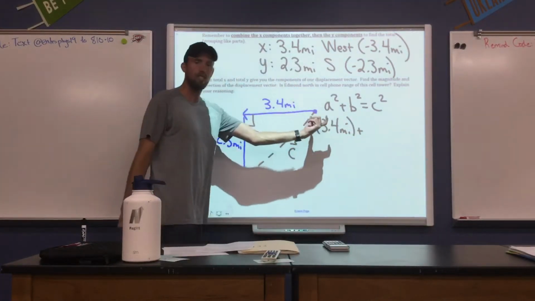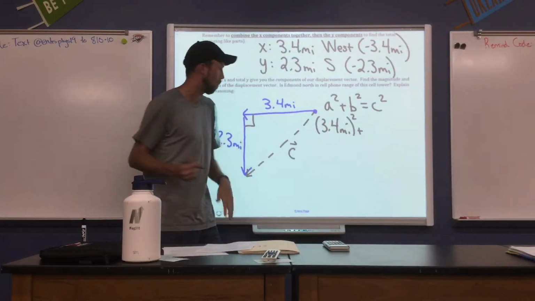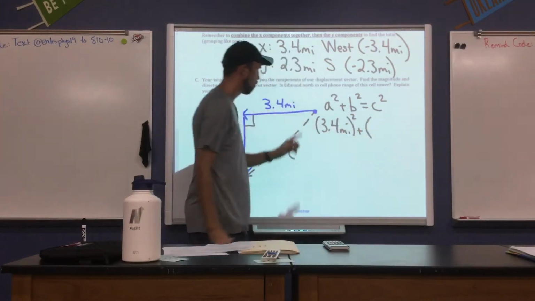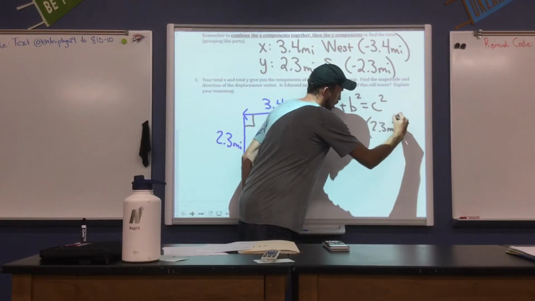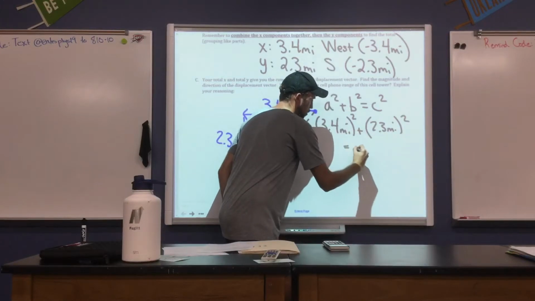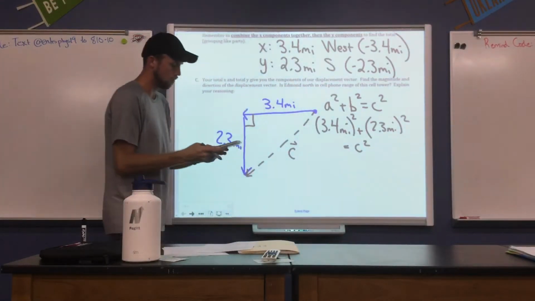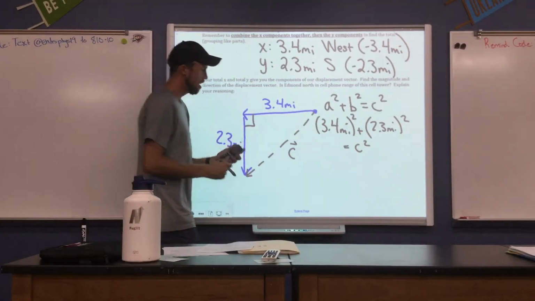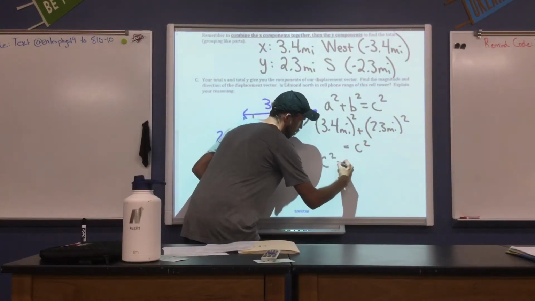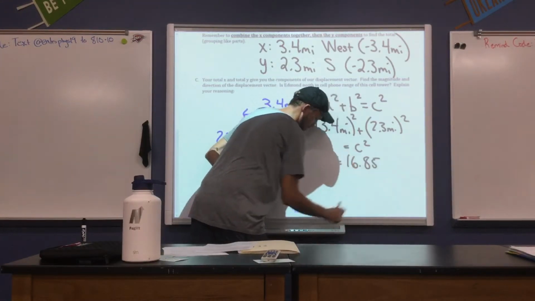Remember, even if we call this value negative 3.4, when we square that value, our result will be positive. So 3.4 miles squared plus 2.3 miles squared is equal to C squared. We plug this in: 3.4 squared plus 2.3 squared gives us a value for C squared equal to 16.85.